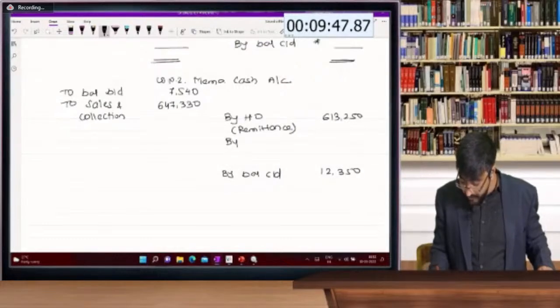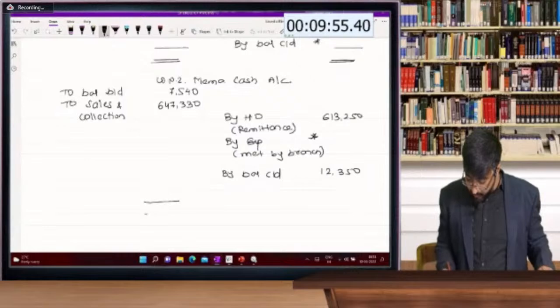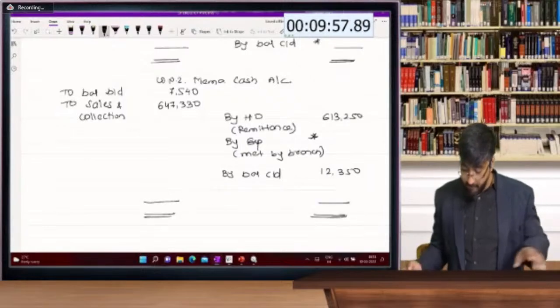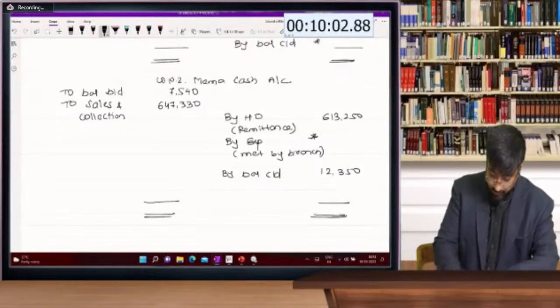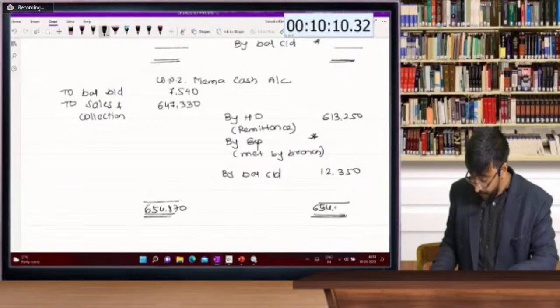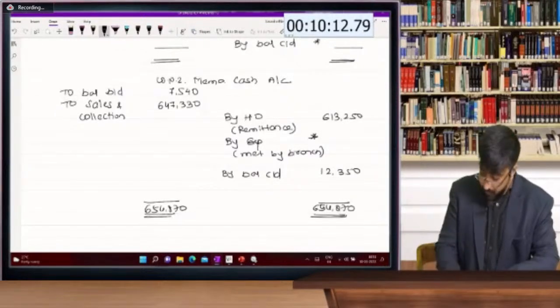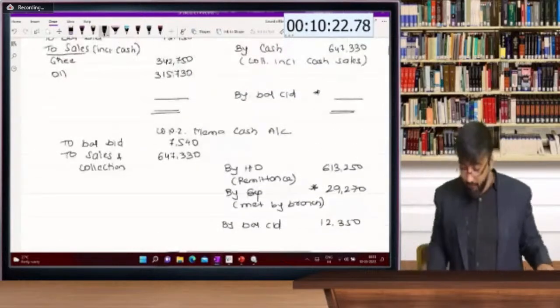And by expenses made by branch, we are not concerned for this because this is a debtors method. 7,540, 644,730, 654,870. Actually, this is not needed, but we prepared it only for confirmation.